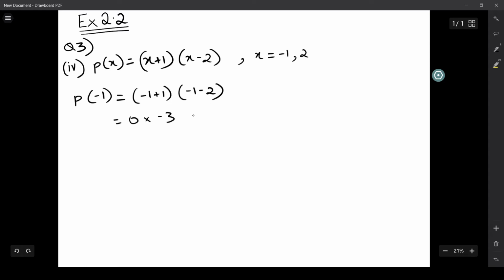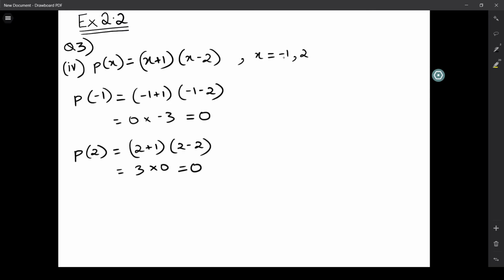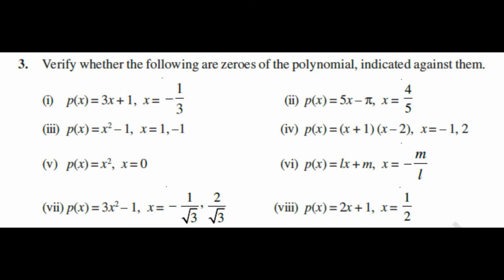This gives us 0 into minus 3, which is equal to 0. P of 2 is 2 plus 1 into 2 minus 2, which is 3 into 0, also equal to 0. So for both these values of x, x at minus 1 and x at 2, this polynomial equates to 0, indicating that both these numbers are the zeros of the given polynomial.